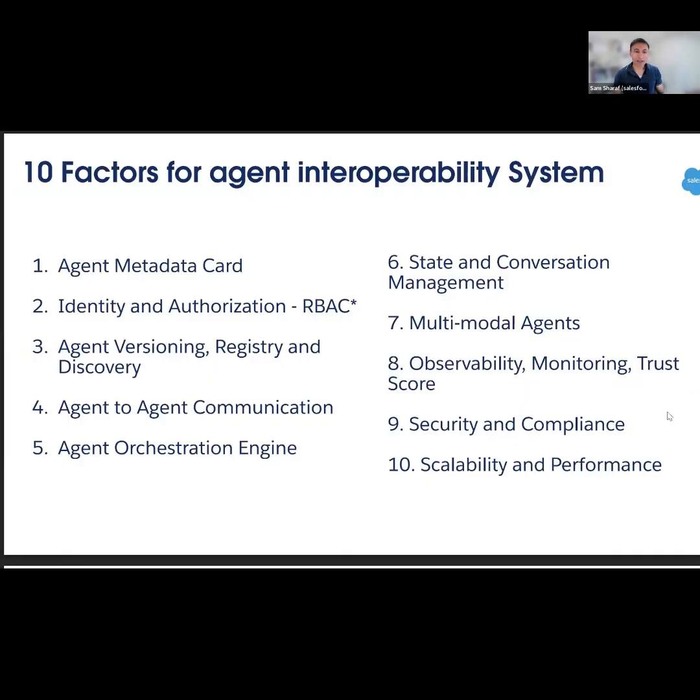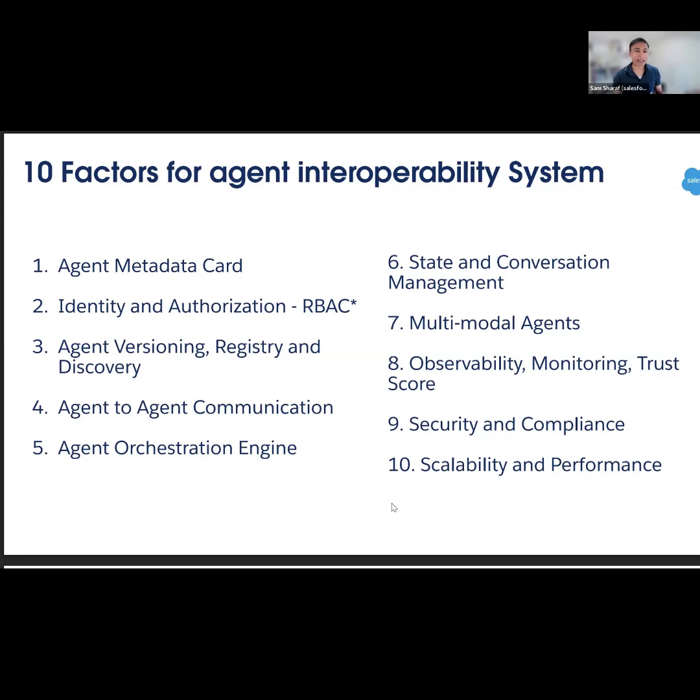So I wrote this earlier this year, which is a white paper on 10 factors for an agent interoperability system. When we think of multi-agent systems, there are a lot of considerations, because just making the agents talk to each other is in some ways a problem, but not the whole problem.